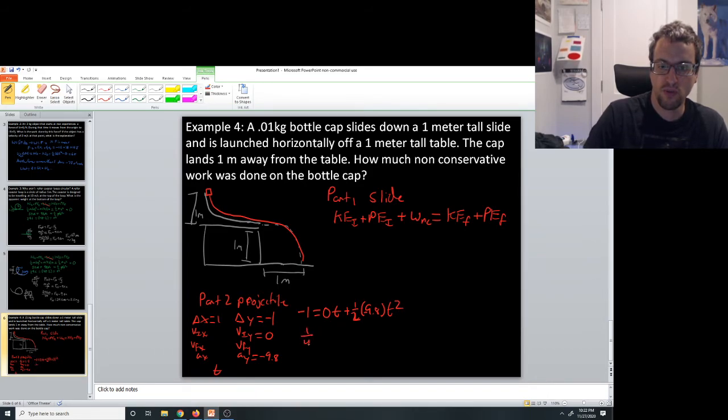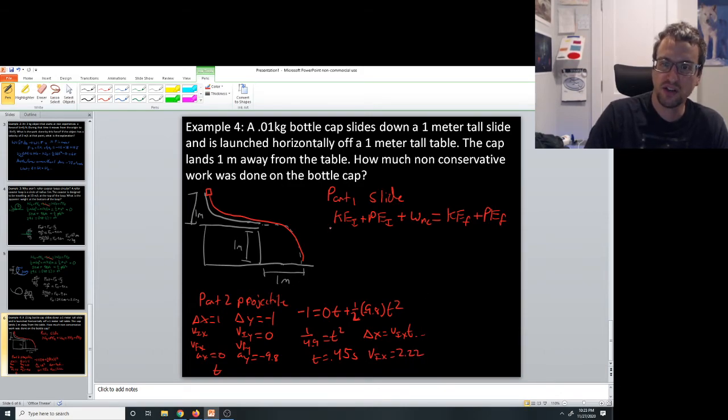This goes 1/4.9 equals t squared. T equals 0.45 seconds, basically. And then I can do that in the change in x, because ax is 0. That's the other one I know. So change in x equals v initial x times time plus 0. And we get that v initial x equals 2.22.